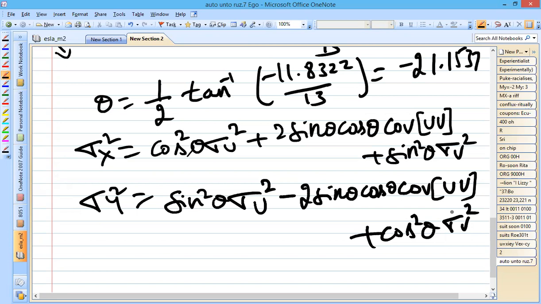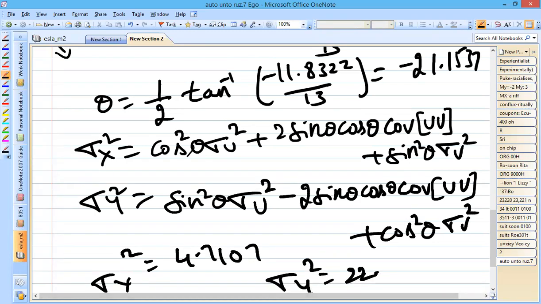So you need to make use of the rotational transformation equations to calculate the variances and so on. Substituting the theta value, we'll be getting sigma x square as 4.7107 and sigma y square as 22.2890. These values indicate the uncorrelation between the random variables x and y. So for the uncorrelated random variables x and y, these are the parameters required.